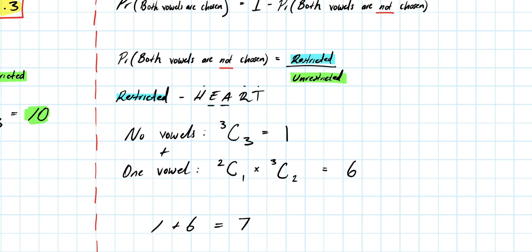So that right there is all the different combinations which are not going to have both the vowels in it. So here is one vowel and here are no vowels. So it's going to be 7 over 10. Remember, I got that 10 from over there. I don't need to do that working out again. So that is going to be the probability that both vowels are not chosen.